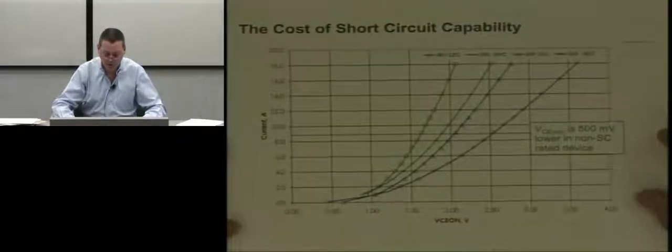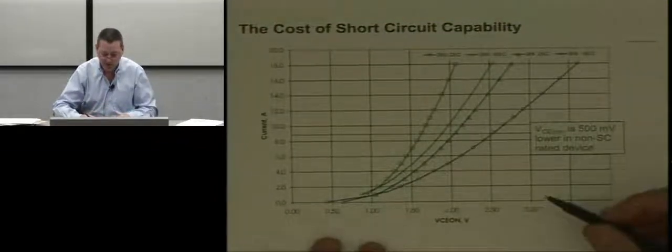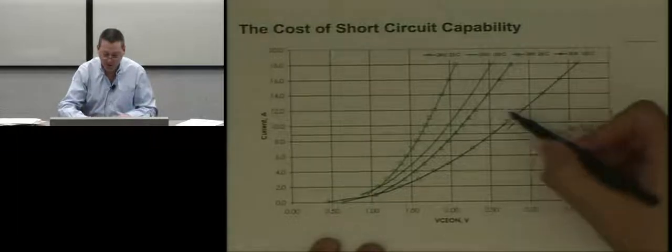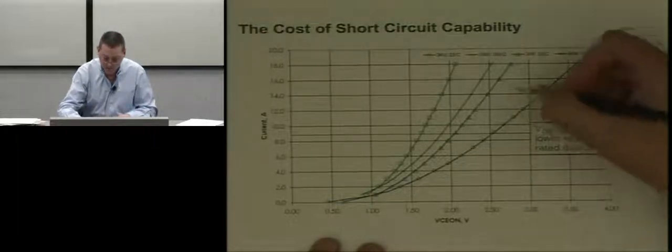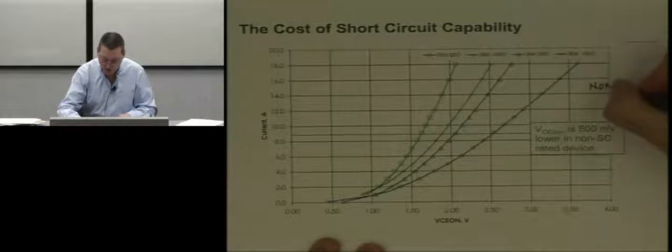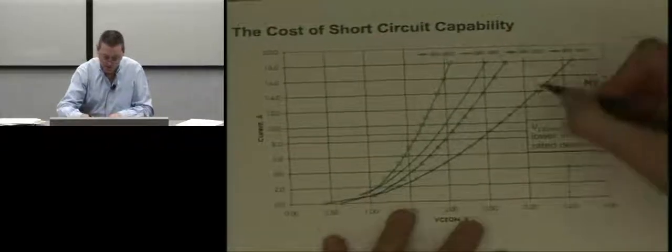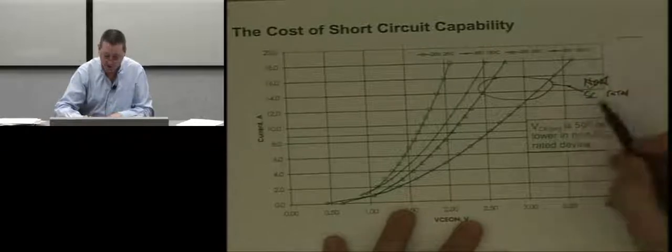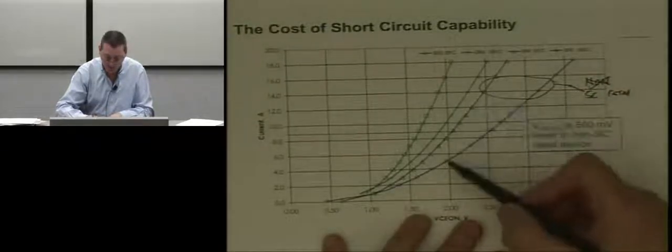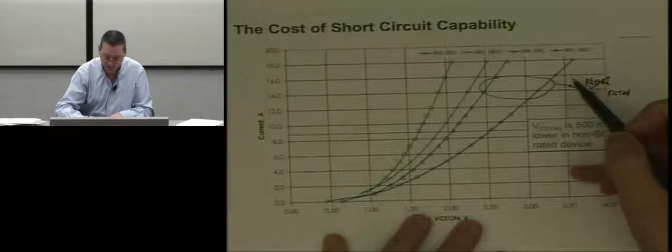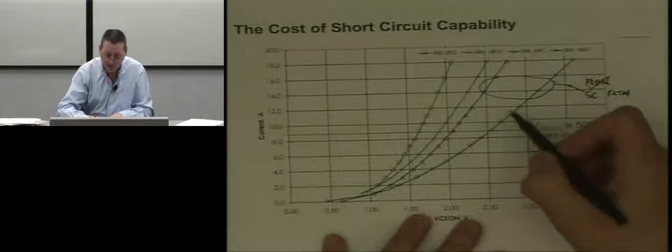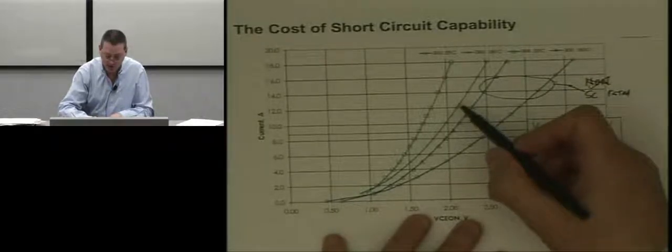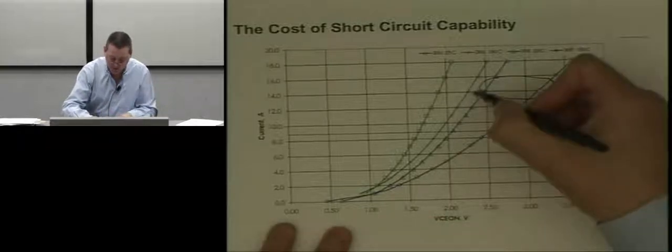This is just a quick graph to show you what happens. So the blue lines are non-short circuit rated. All right, that's these. I'm sorry, these are short circuit rated, and thus you have a higher VCE on. So the same die, but not short circuit rated, which is these two.